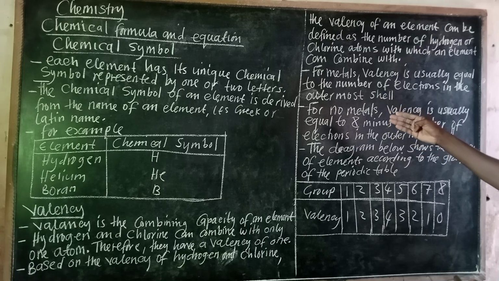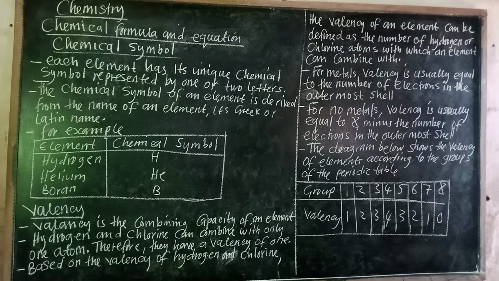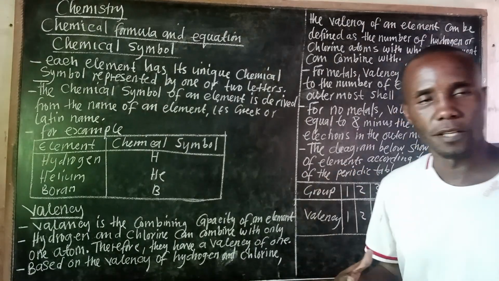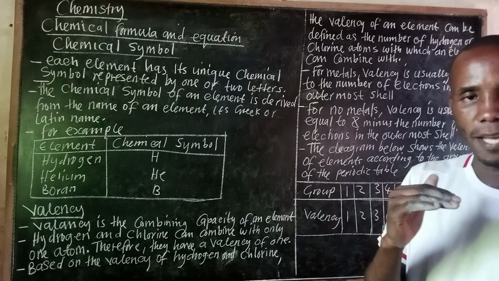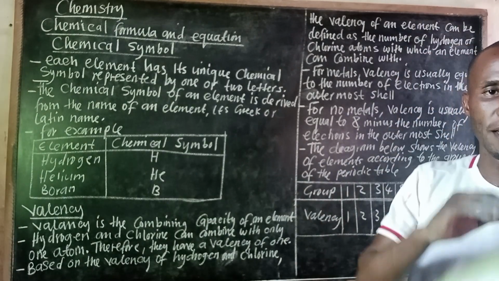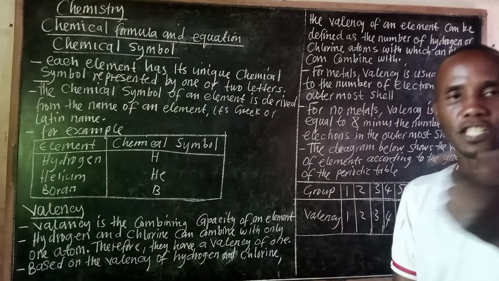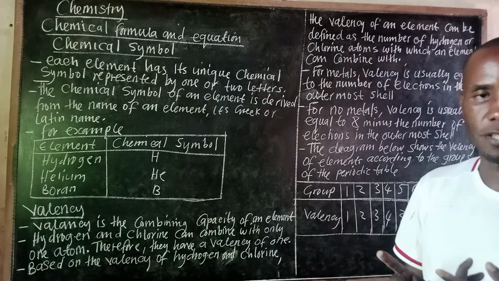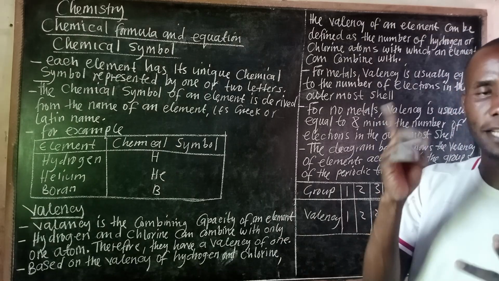Then we go to nonmetals. Valence is usually equal to 8 minus the number of electrons in the outermost shell. For example, oxygen has 6 electrons in the outermost shell. The electrons are arranged in energy levels, or electron shells: the first one carries 2 electrons, the second 8, then 8, just like that.